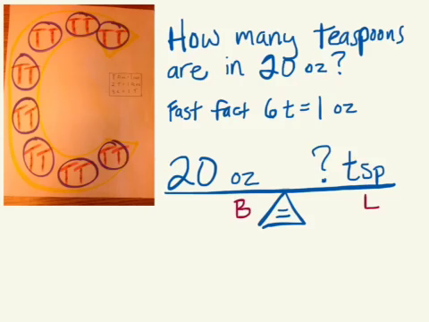They have to fit inside, so they're littler. Because of our balancing scale, 20 is going to be little, and our unknown is big, which means we are going from little to big. So draw that pathway. That means we're starting at 20, and we're going to multiply to get bigger and find our answer.